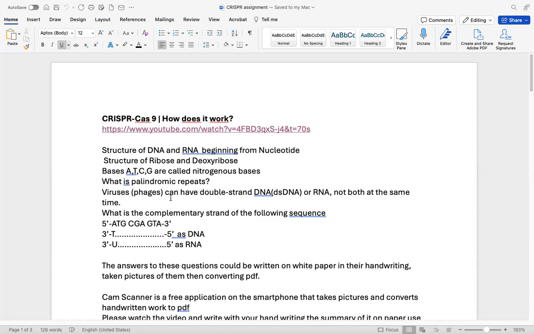Virus can have double strand DNA or RNA. So a virus can have DNA, or it may be an RNA virus, just like COVID. COVID is an RNA virus. Dengue also is an RNA virus. It cannot have both at the same time, but it might have DNA or RNA.